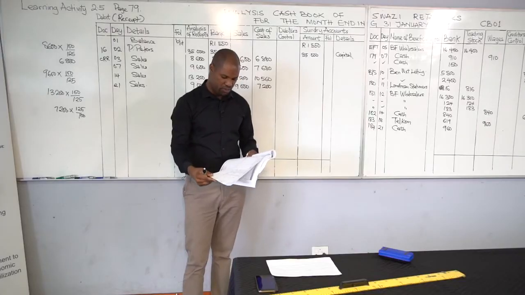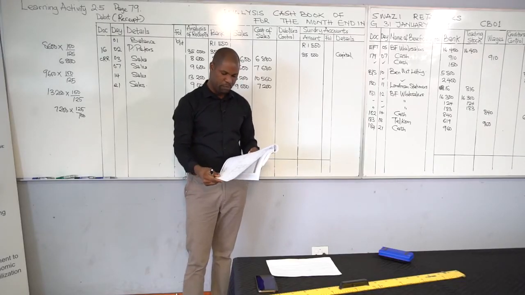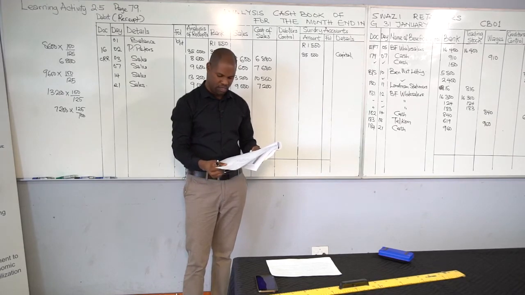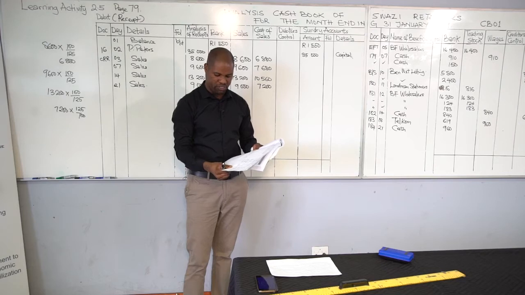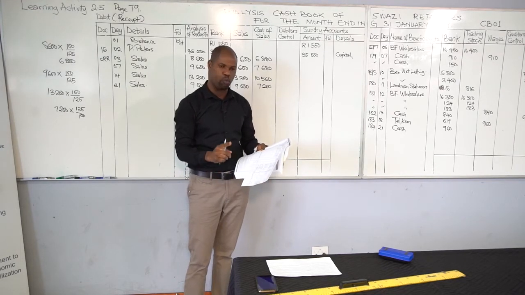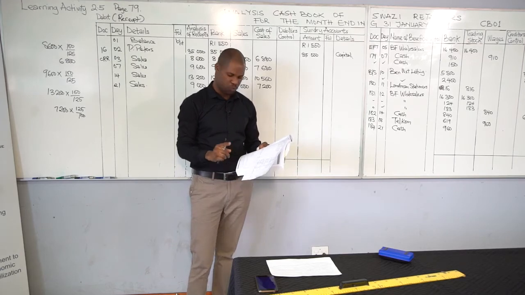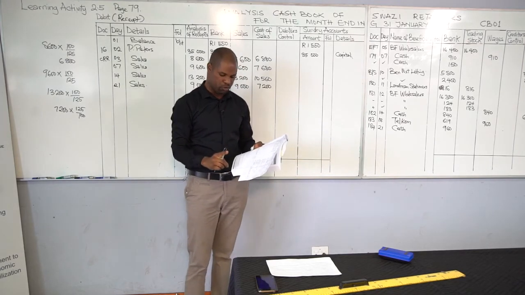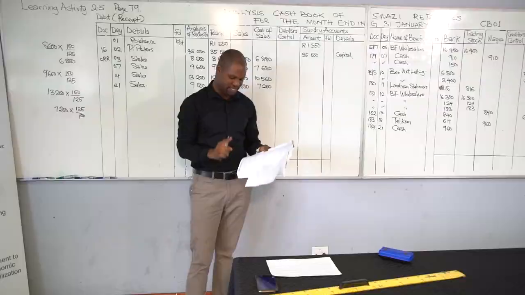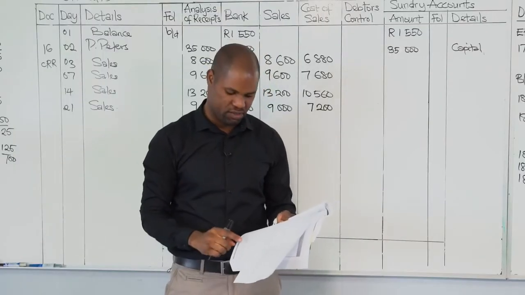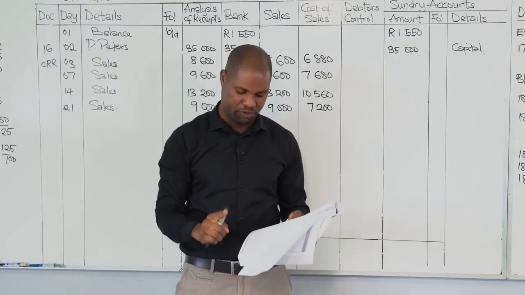On the 24th of January, Mr. Peter paid the Municipality of Johannesburg by check, and the check number is 185. The amounts were meant for water and electricity, the first amount being 3,215, and the second for trading license, which is 775 rand.